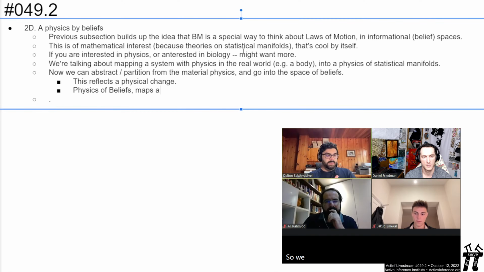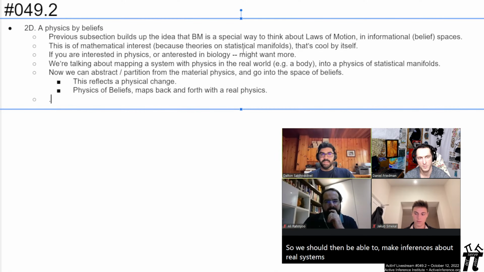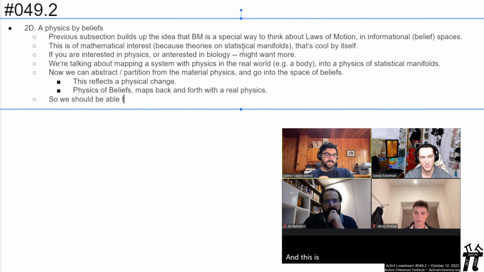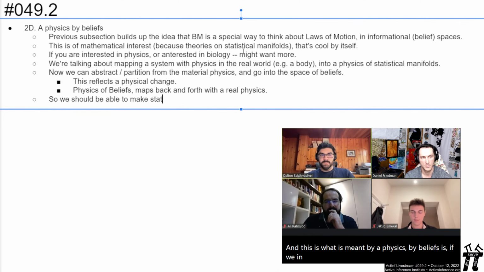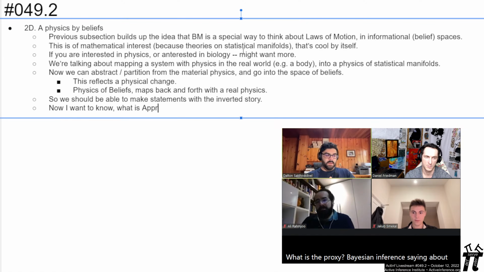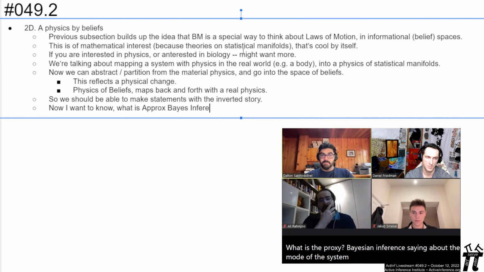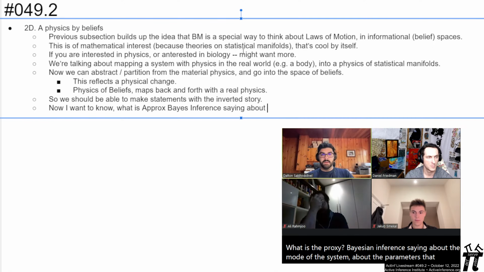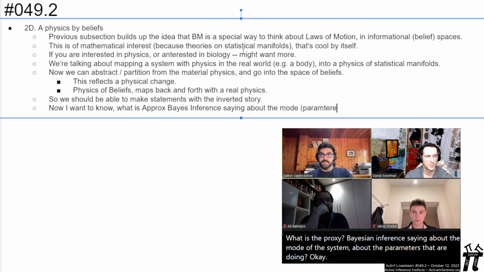So we should then be able to make inferences about real systems using Bayesian mechanical laws. And this is what is meant by a physics by beliefs: if we invert the story and say, okay, now I want to know what approximate Bayesian inference is saying about the mode of the system, about the parameters that are doing approximate Bayesian inference.